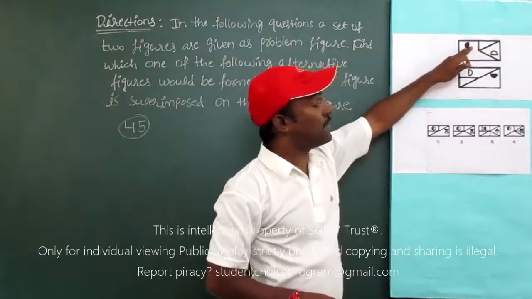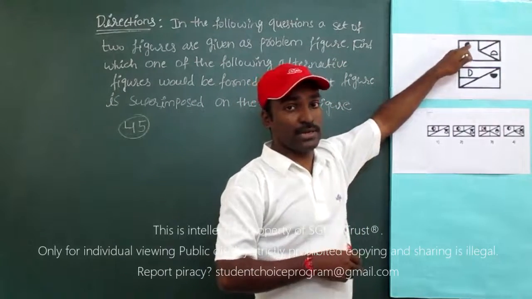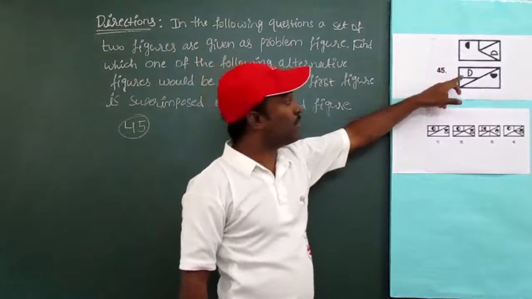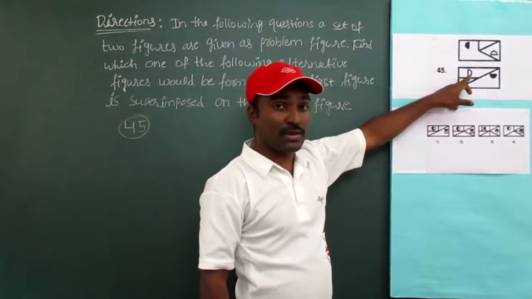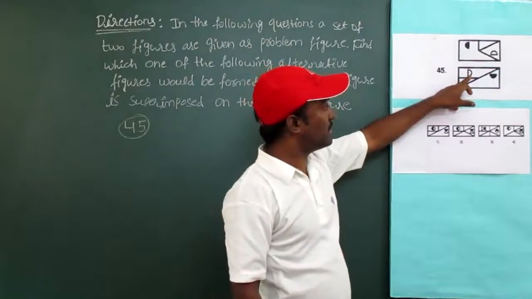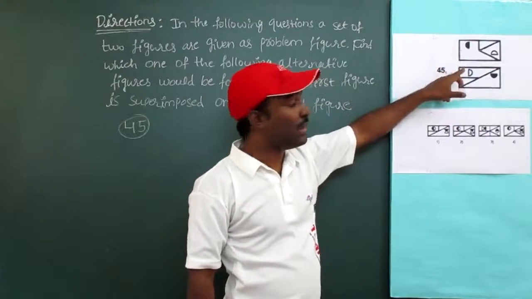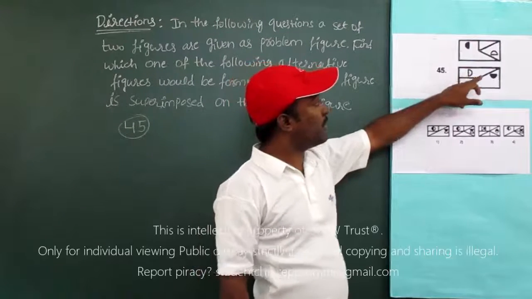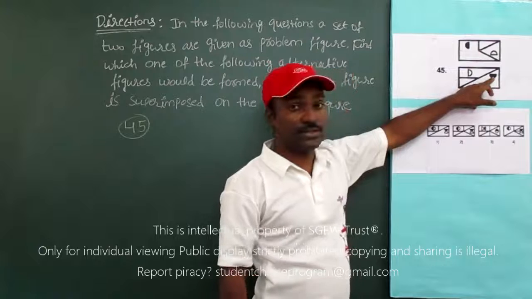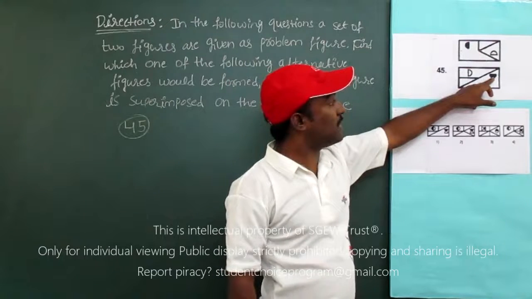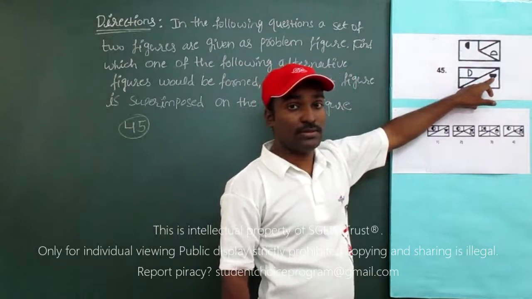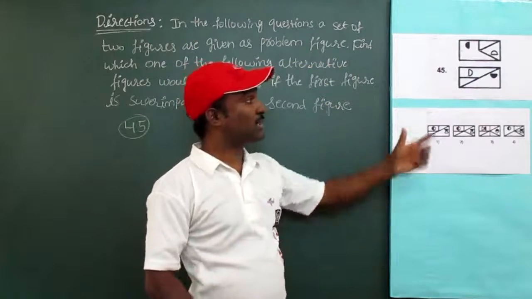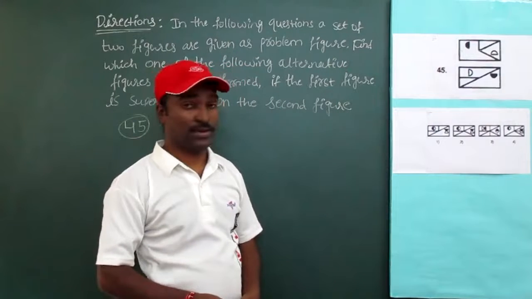Now coming to the second figure, I am having one more semicircle which is blank, and it is present at the top of the rectangle on the left hand side. Now the second semicircle is dark and it is present at the top. Okay, now considering these points I can find the superimposed figure.